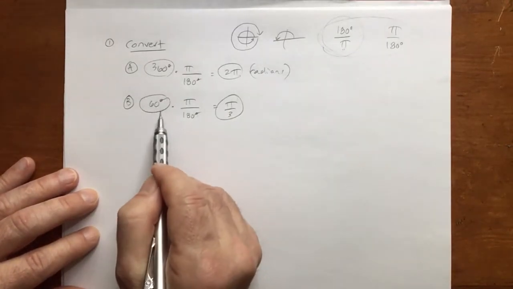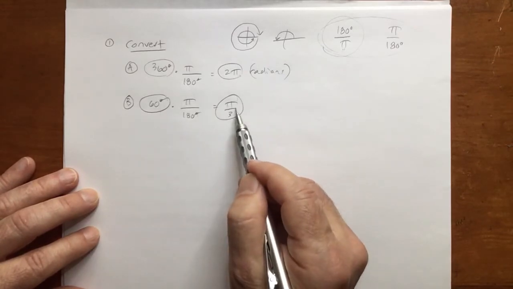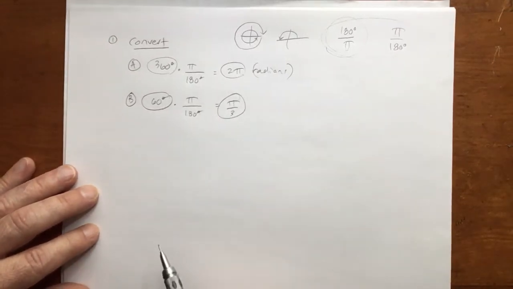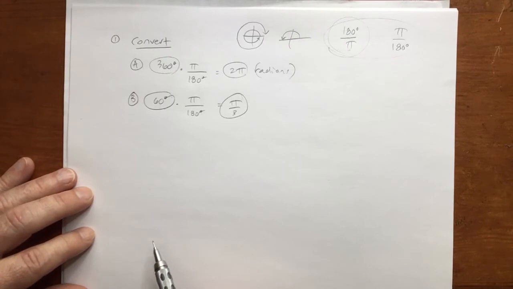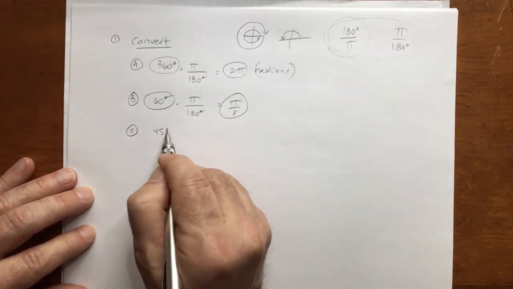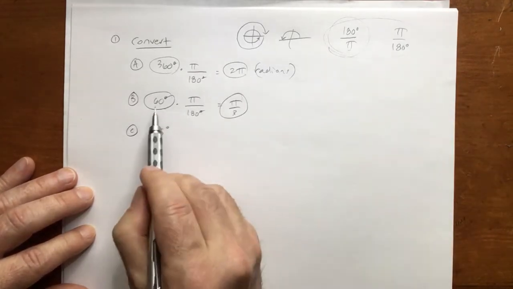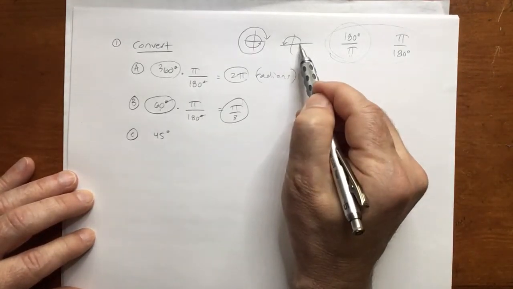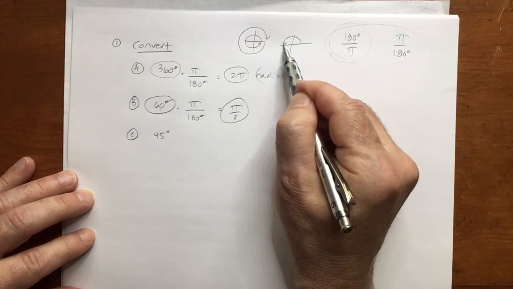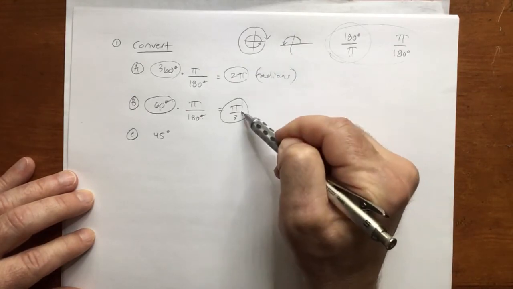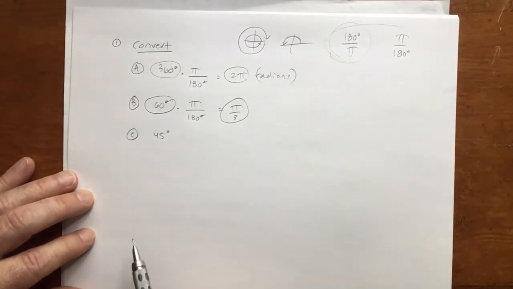So a 60 degree angle is the same thing as a pi over 3 radian angle. Oh, and think about this. 60 degrees, isn't that a third of the way to 180? So that should be a third of pi, and of course it is.